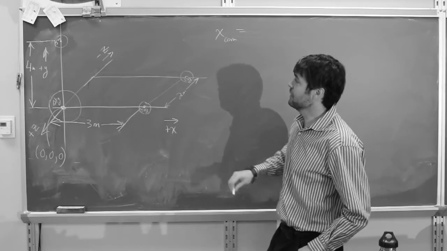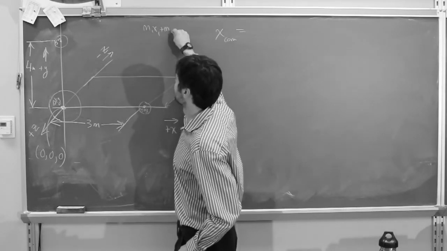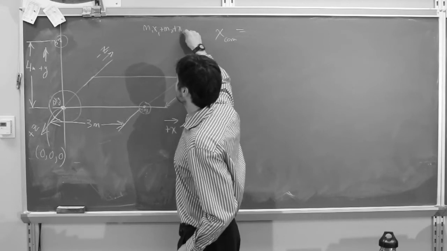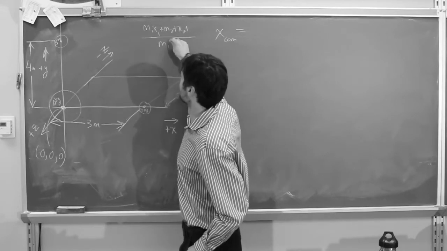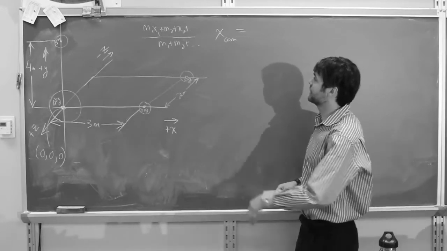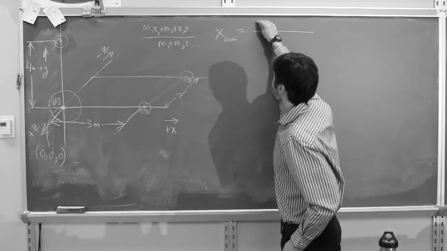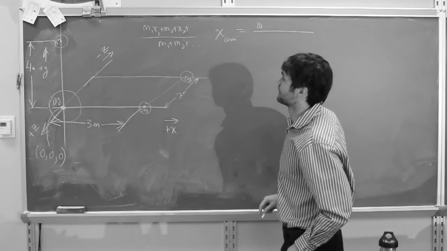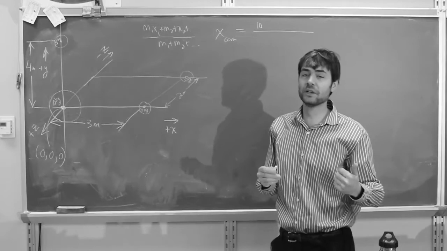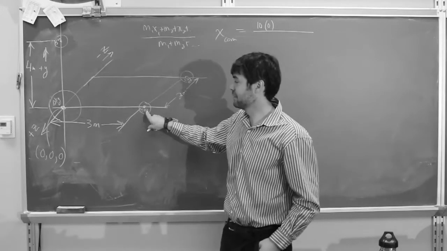So our formula is m1 x1 plus m2 x2 plus dot dot dot over m1 plus m2 plus dot dot dot. So let's look at all the objects. Let's start with this one here. We have 10 kilograms. And how far is it from the origin in the x direction? Well, it's at 0.